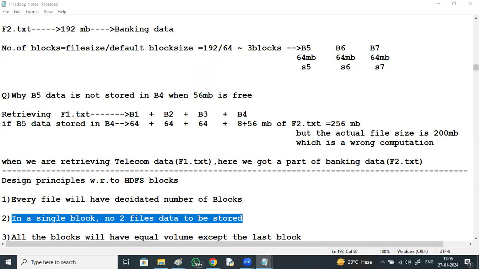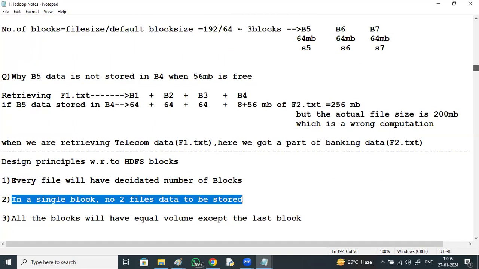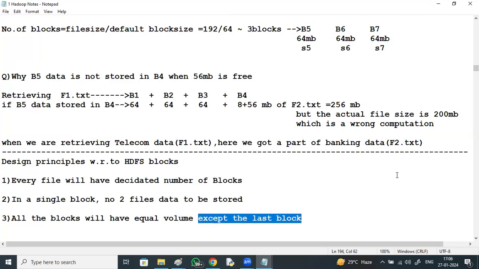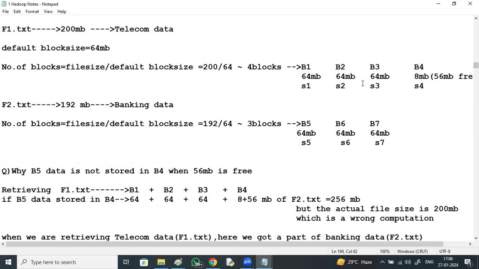All the blocks will have equal volume except the last block. Observe here: all 64 MB, 64, 64, except the last block.